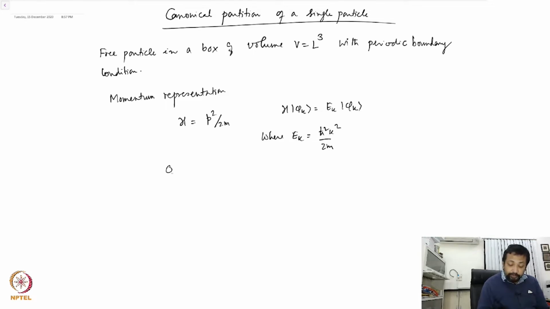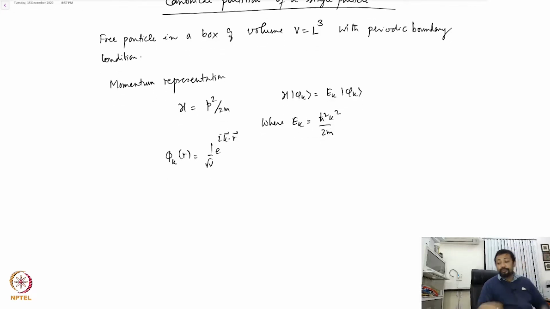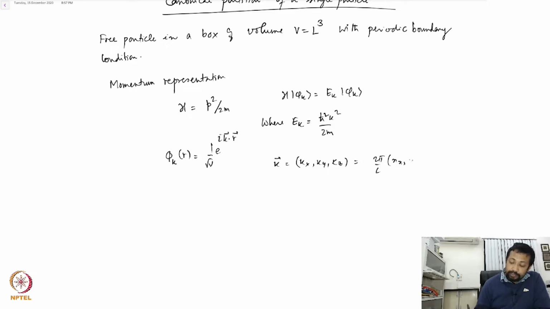The coordinate representation of the wave function is e to the power i k dot r over square root V, which follows from the box normalization, where the vector k is (kx, ky, kz), which is 2 pi over L times (nx, ny, nz).